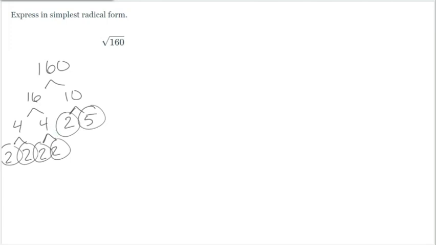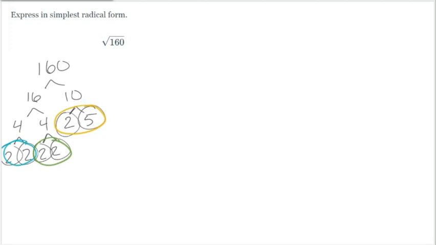So the way that this would work is these two 2's would go on the outside of my house as one number. These two 2's would go on the outside of my house as one number. And these remaining numbers would go on the inside of the house using multiplication.